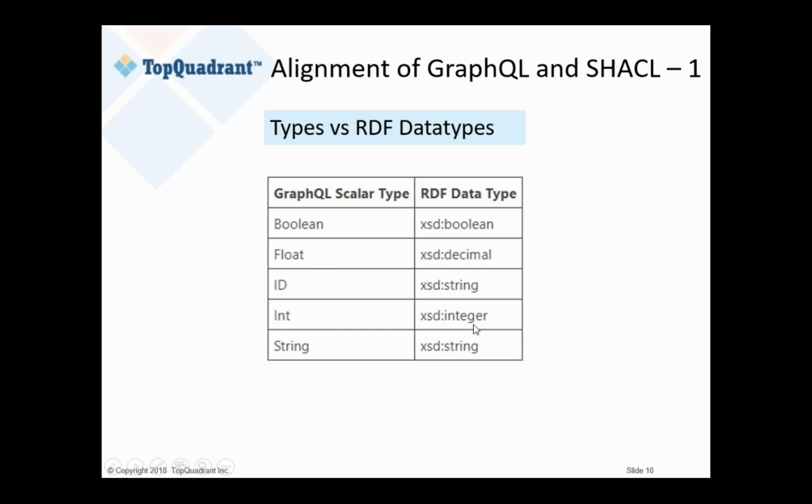Integer, likewise, there are many integer types in RDF. In GraphQL, it's all a single one, and string and any other data type like dates and date times that are not available in GraphQL can be mapped into GraphQL string values. So that's a very simple, straightforward mapping, and it goes in both directions.